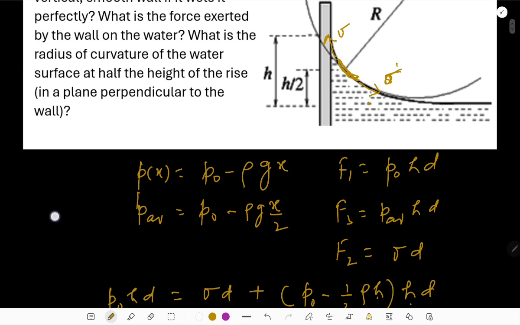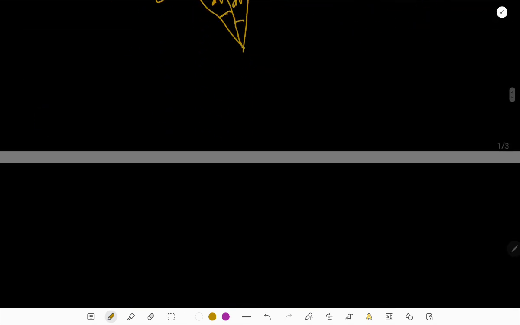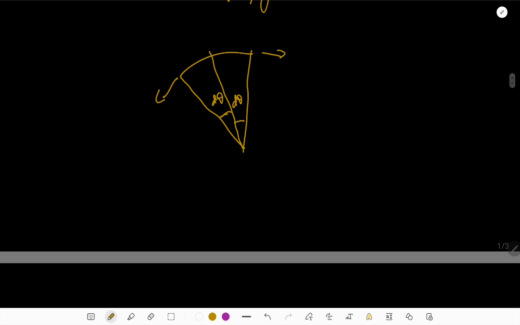This one is water and this one is air. So the different fluids on either side of the surface have pressures; P naught must be normal to this surface, and P naught is P outside, and this is P inside, Pi.